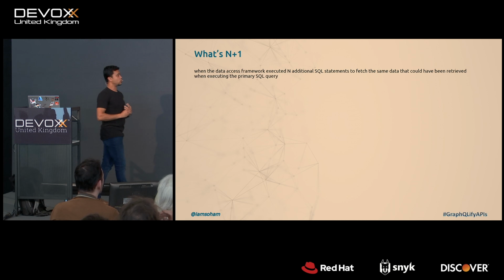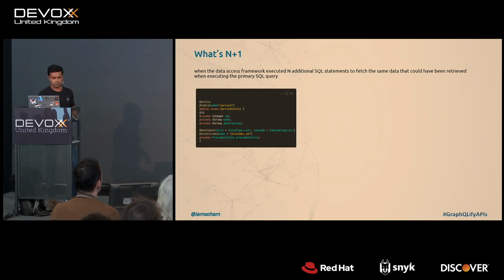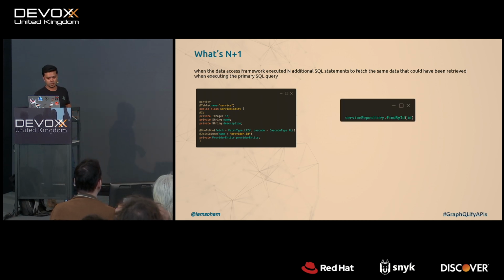Now, n+1. What is n+1? Let's say I have a service entity which has a foreign key to provider. Pretty normal, something we see all day.